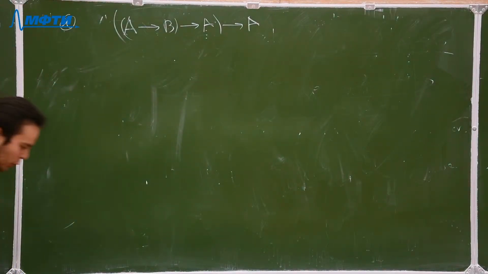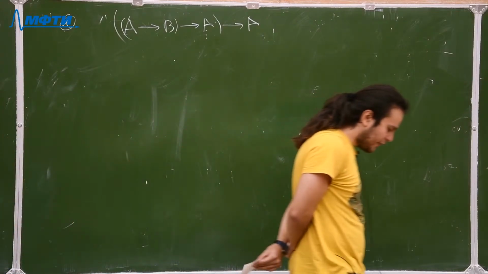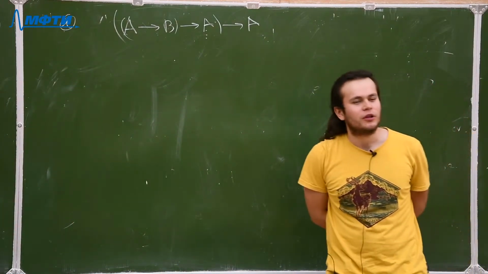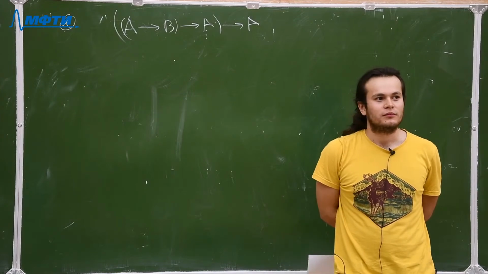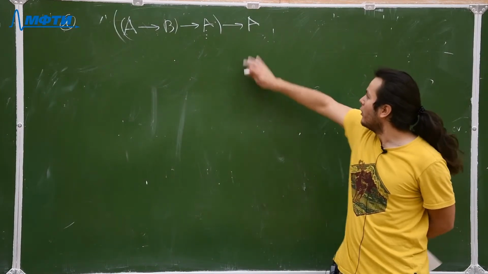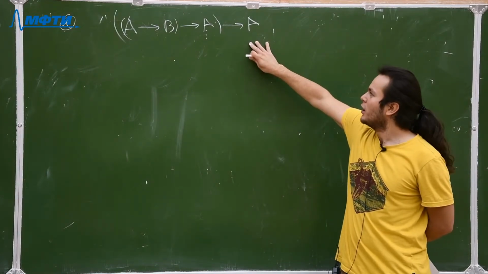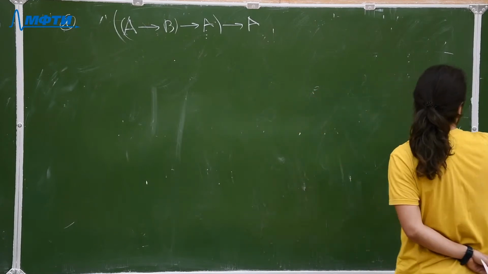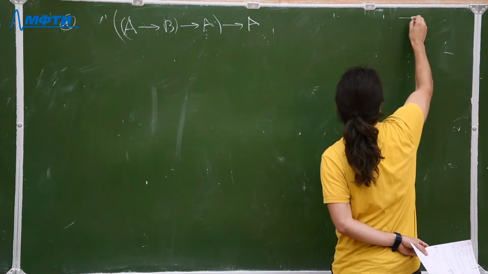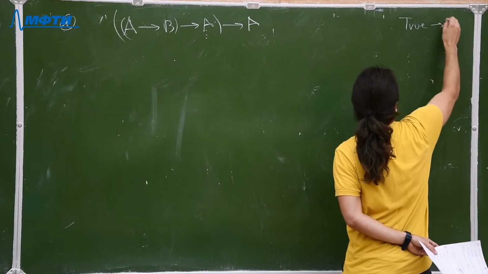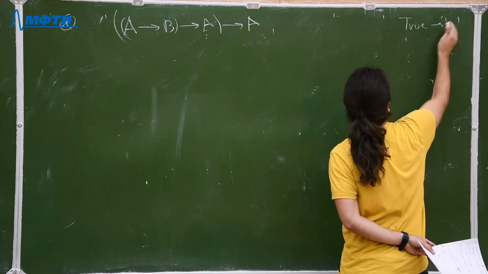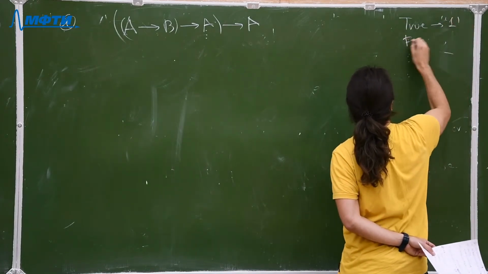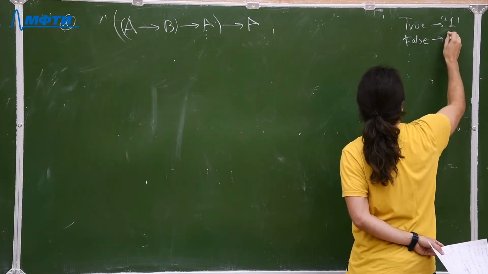So, what do we want to prove? We have a statement here. And we know that true for us will be 1, and false will be 0, okay?